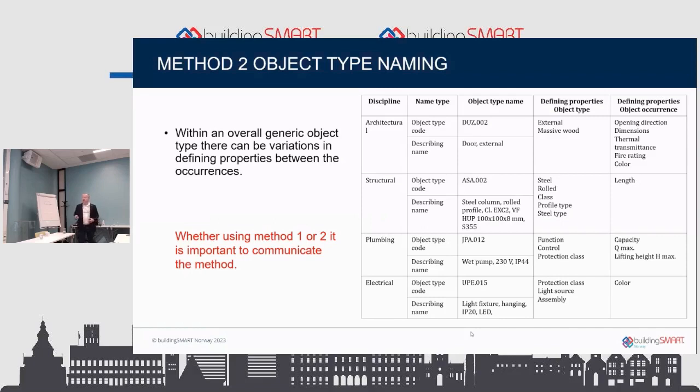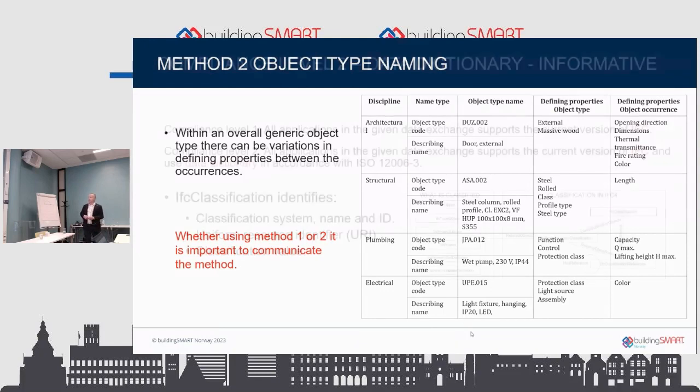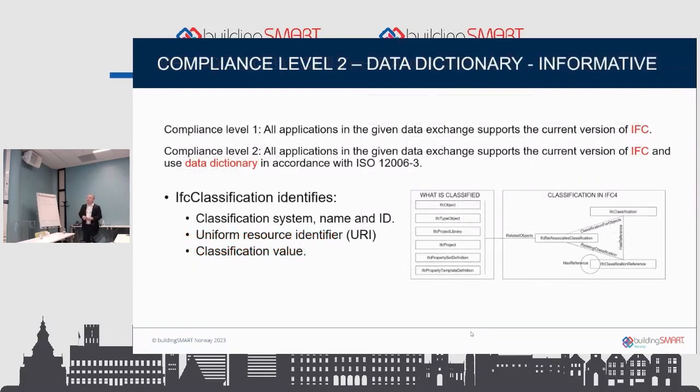So this is important. This is actually about communication. You have to communicate how we are using this in this project, and all disciplines should use the same method, preferably.